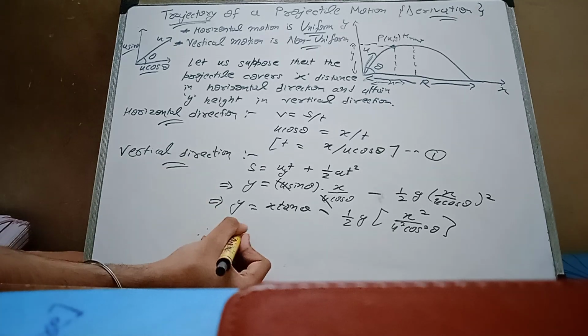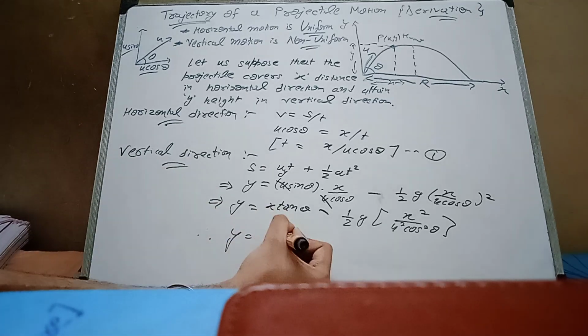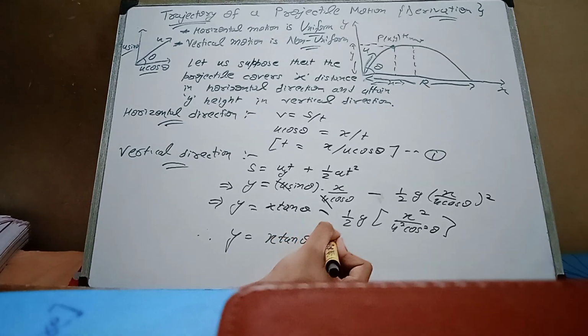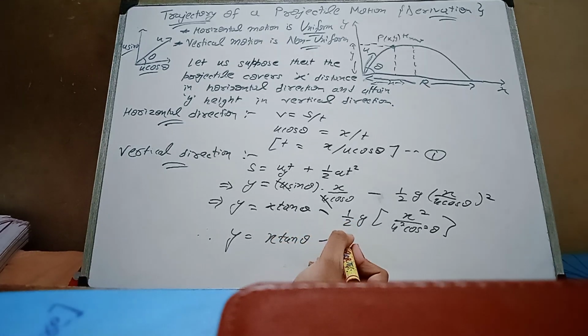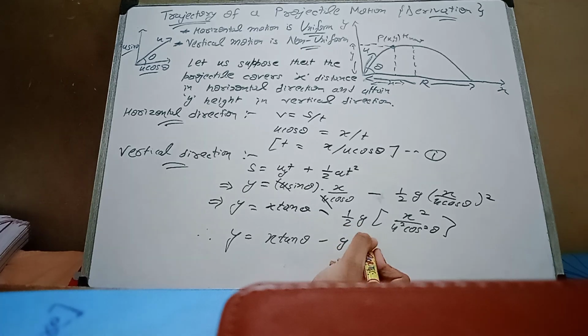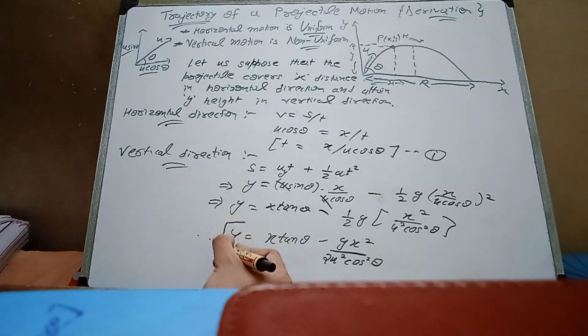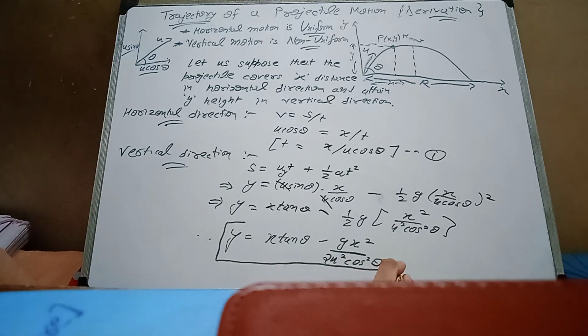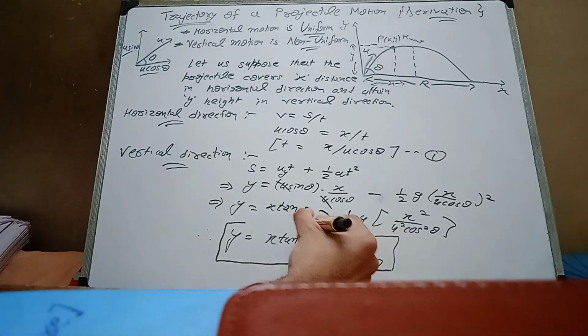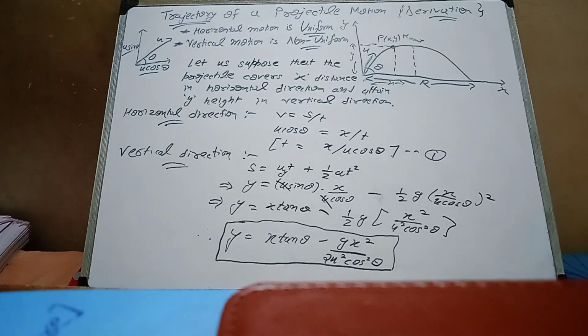We have just manipulated some things, and this is our final equation of trajectory: y equals x tan theta minus g x square upon 2 u square cos square theta.